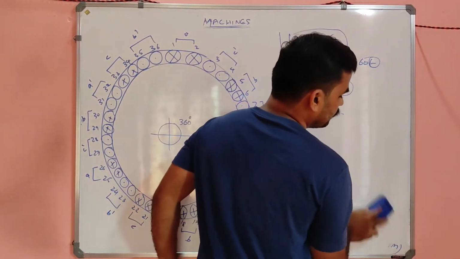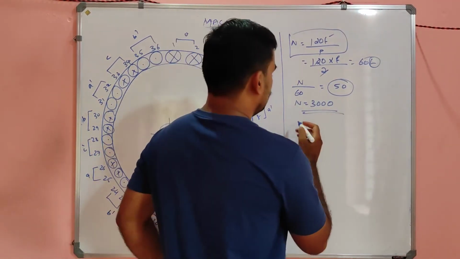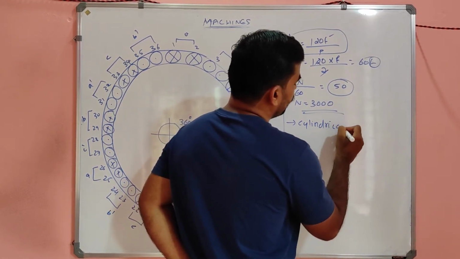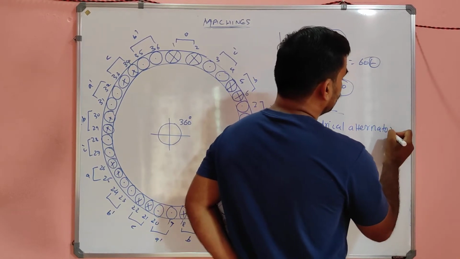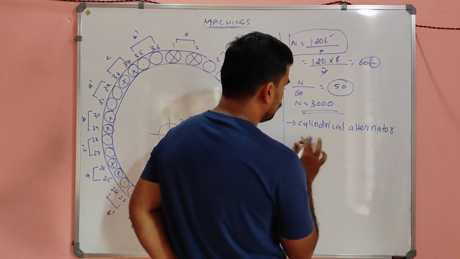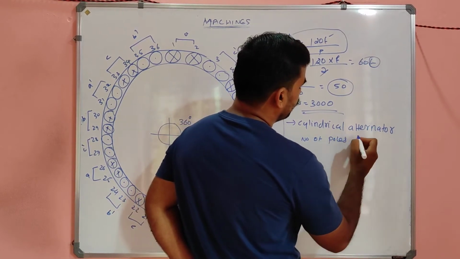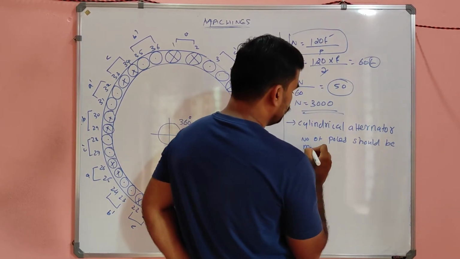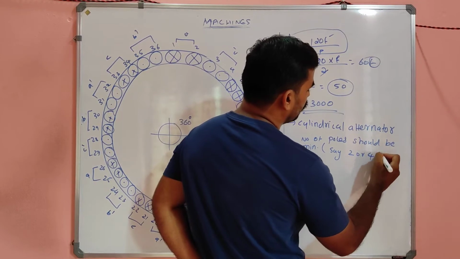the number of poles should be minimum, say 2 or 4.